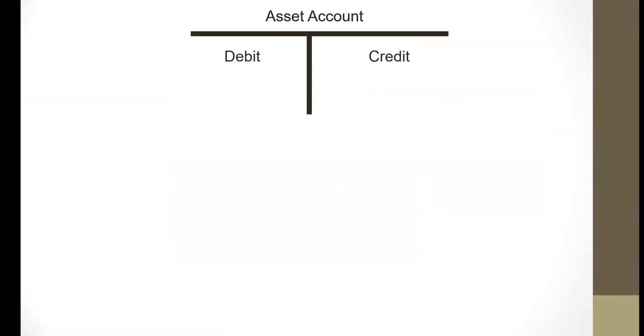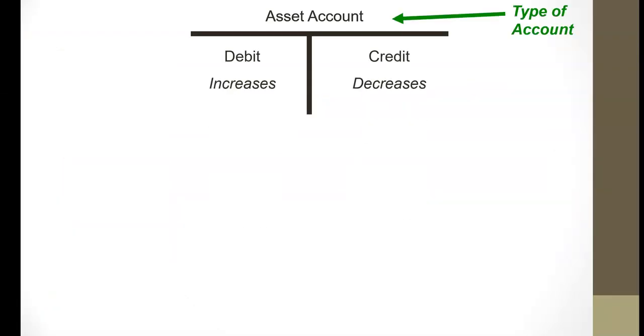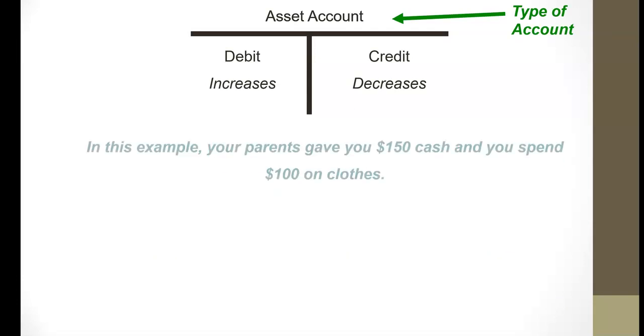Okay, so here we have cash is what we're going to be looking at. Cash would be an example of an asset account because cash is something that you own. For asset accounts, whenever the account increases, you would record the transaction on the left-hand side.